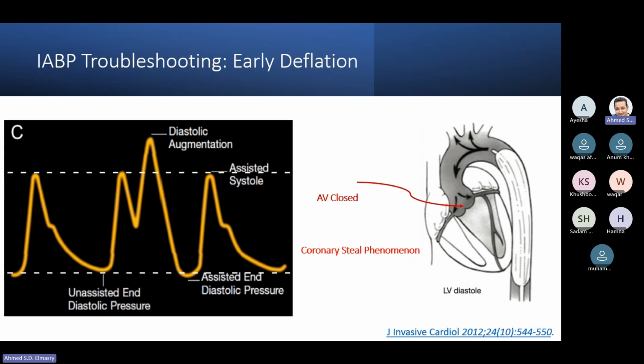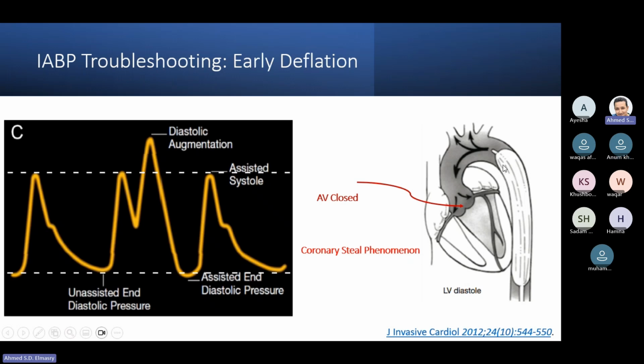So if the deflation point started very early, after 1 second, what will happen? The augmentation will be suboptimal. The coronary perfusion will be, instead of happening for 2 seconds, happening only for 1 second, right? So this will lead to suboptimal coronary perfusion. This is what's happening with early deflation.